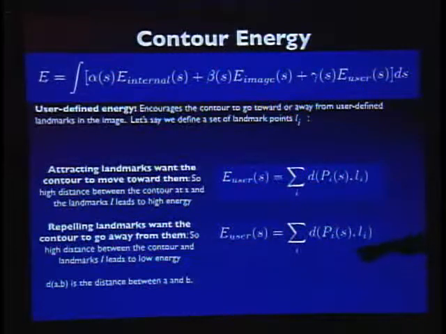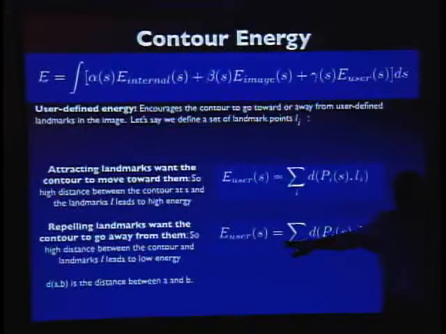If the points on the boundary are very close to my landmark, I want high energy. If this is a distance function, then the distance is going to be low if they're close to each other, and so I want high energy in that case, so I should make that negative. Or maybe 1 over the distance, that would also do it.